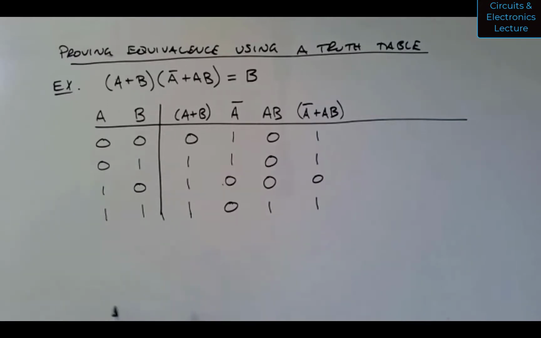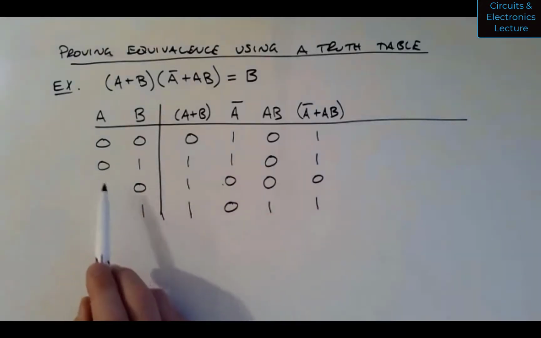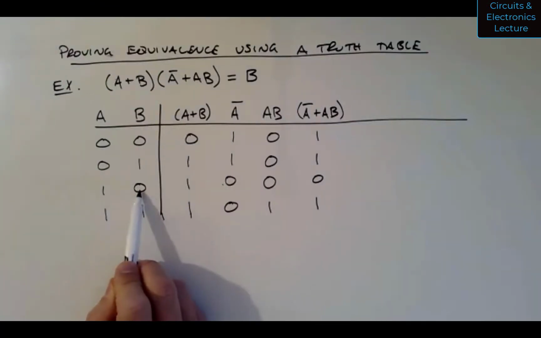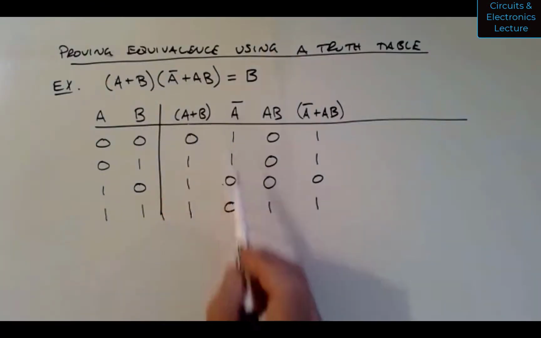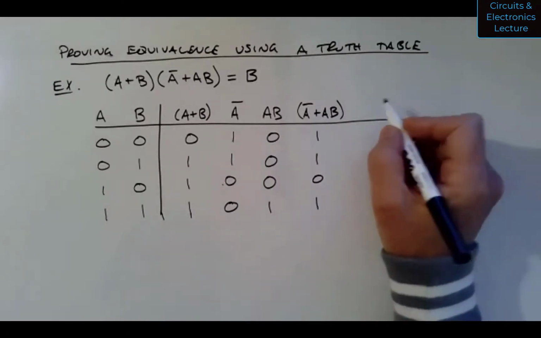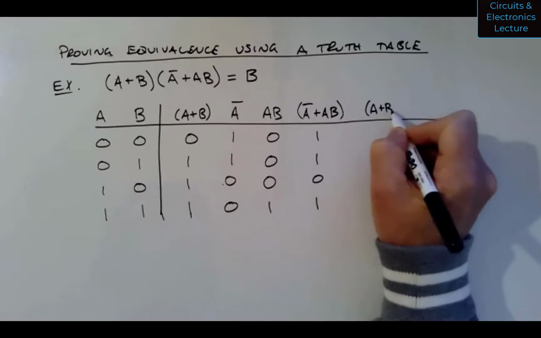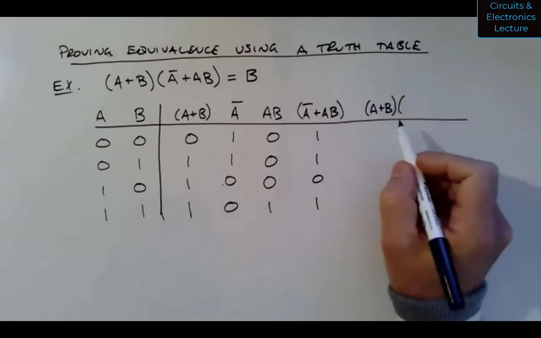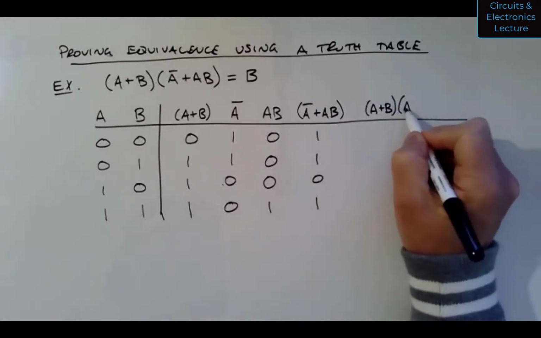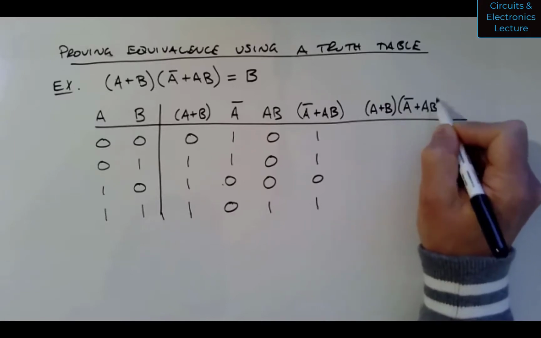All right, so take these rows one at a time. If you apply 1, 0, you're going to get 1 for this term, you're going to get 0 for this term, you're going to get 0 for that term, etc. So you can see the response to the different combinations of inputs. And finally, A ORed with B, ANDed with A inverse ORed with AB, that quantity.